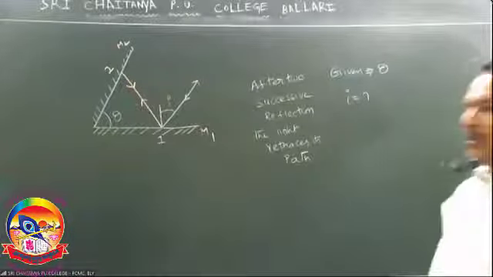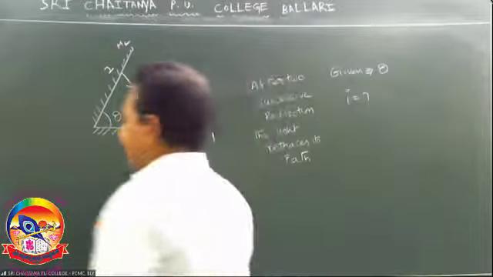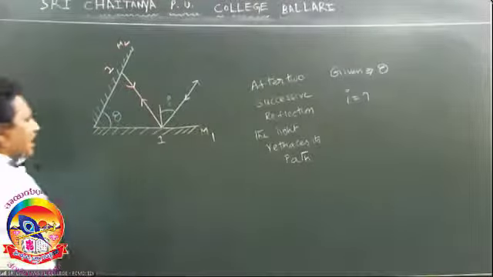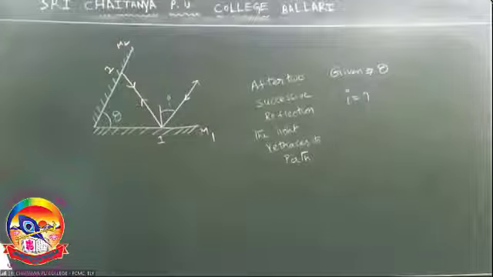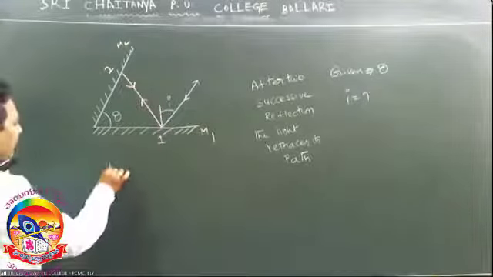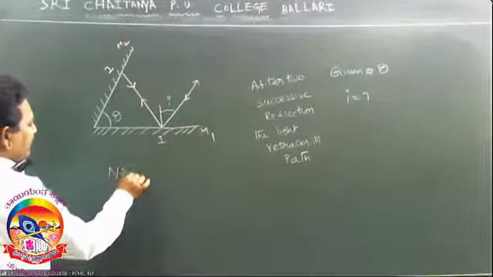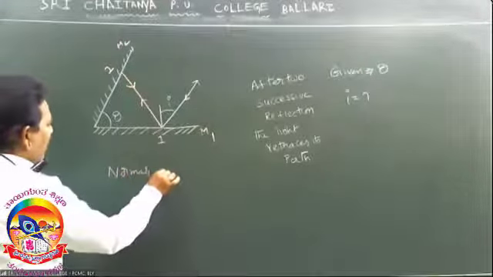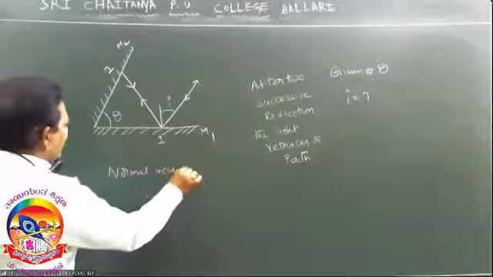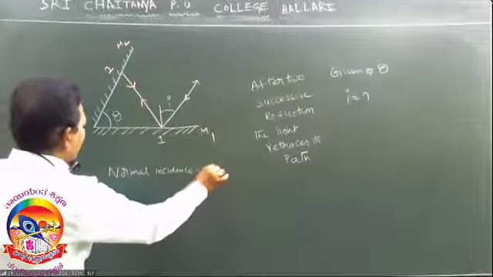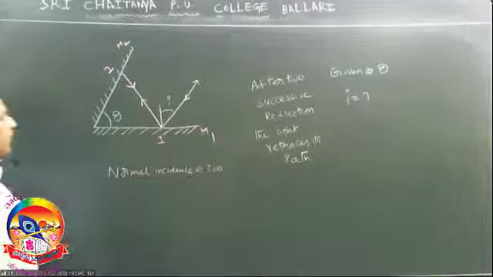Once again, two mirrors making an angle theta. After two successive reflections, the light ray retraces its path. Given the angle between the two mirrors, what you have to find out is the angle of incidence. Do you remember or not? For normal incidence, the I value should be 0.